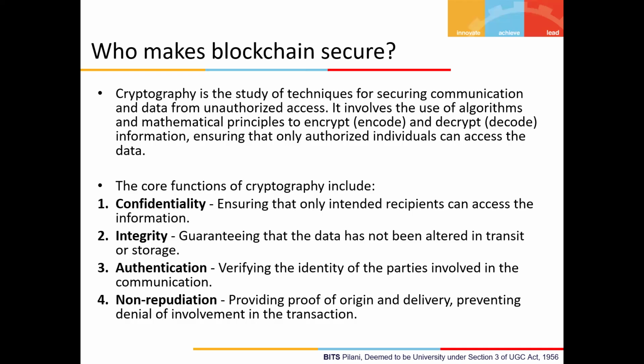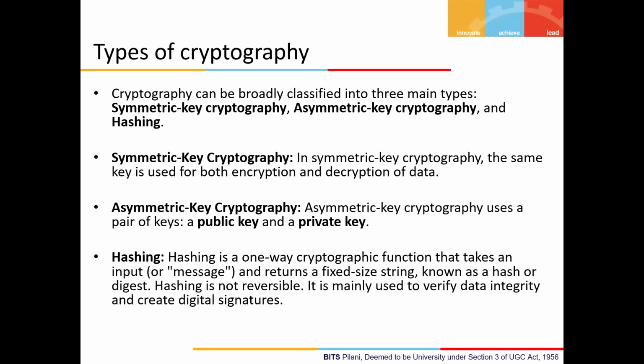And non-repudiation means nobody can deny that they did not initiate that particular transaction. Okay, so these are the core functions of cryptography. Now, there are three types of cryptography. One is symmetric key cryptography, another one is asymmetric key cryptography, and the third one is hashing.